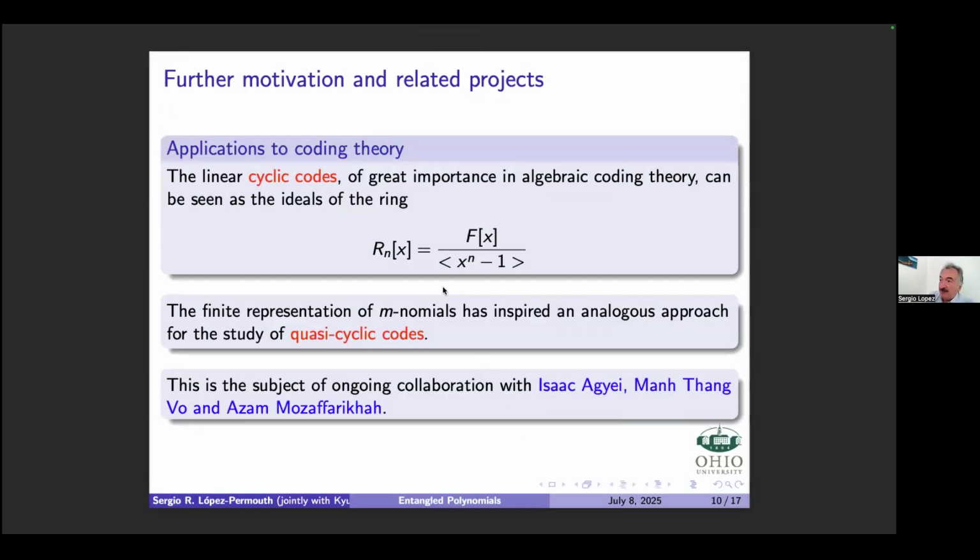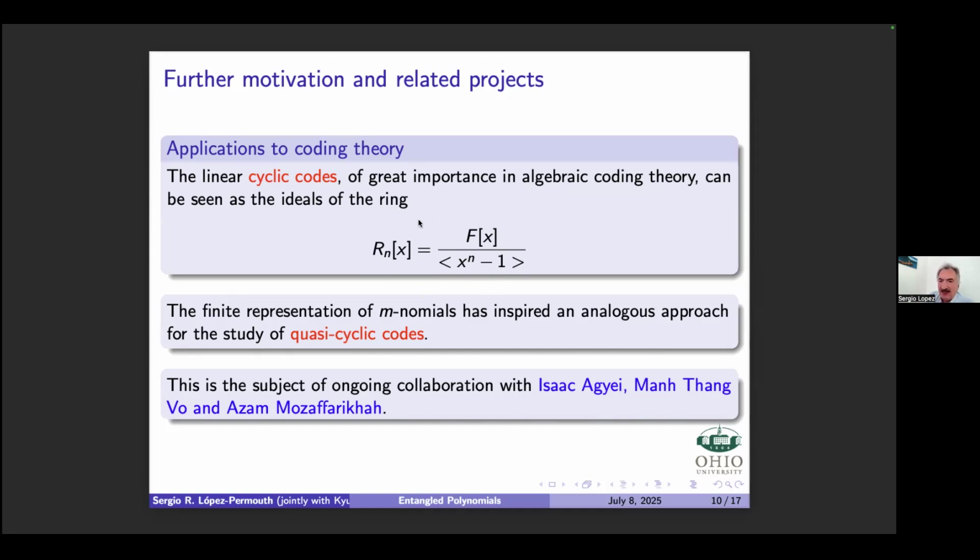Another motivation, if you have heard me before, you know, sometimes I like to fiddle with coding theory. And we were thinking, if these m-nomials are kind of like polynomials, well, a lot of coding theory happens in quotients of rings of polynomials. There is something called cyclic codes, and they're always ideals of this quotient of the polynomial ring.